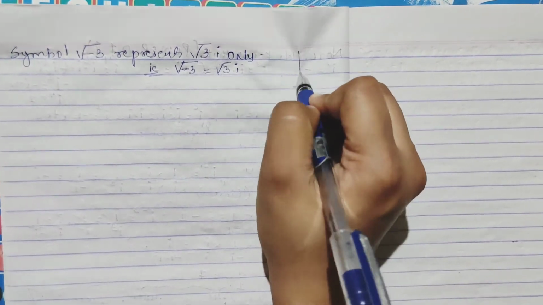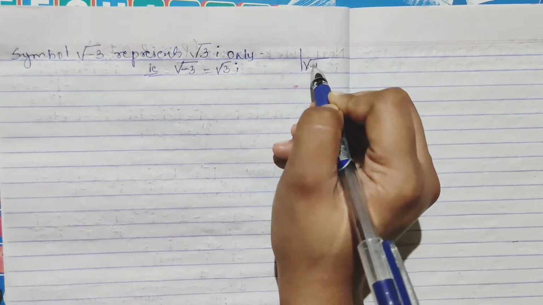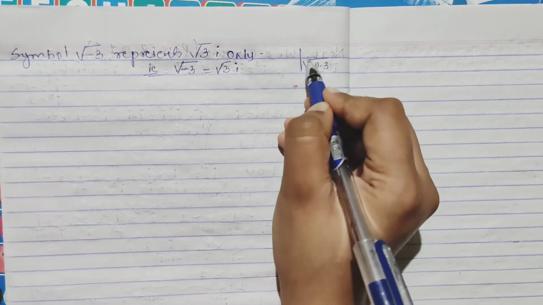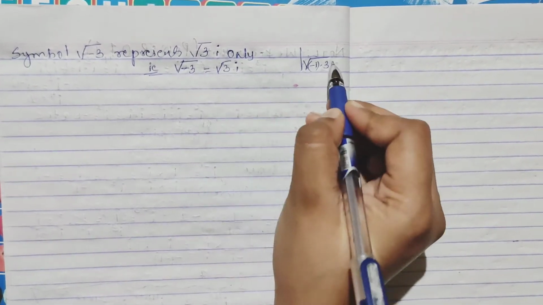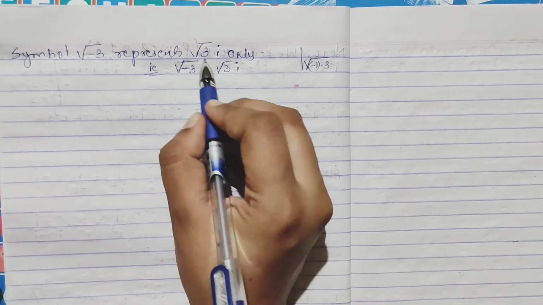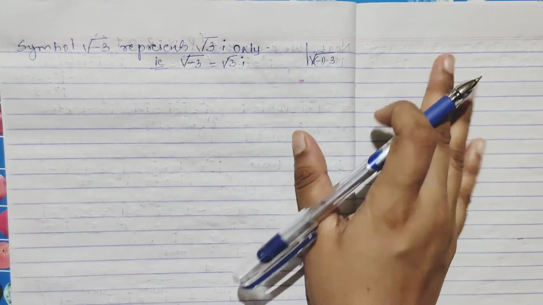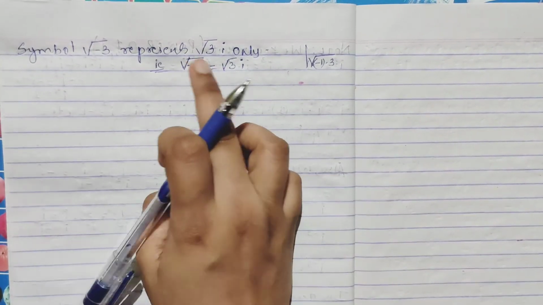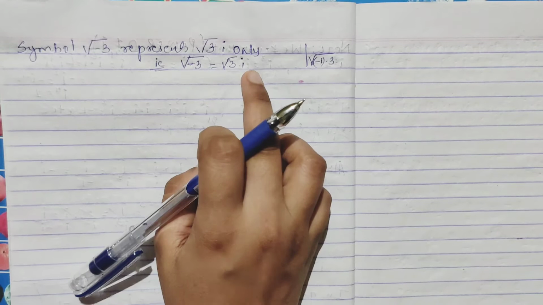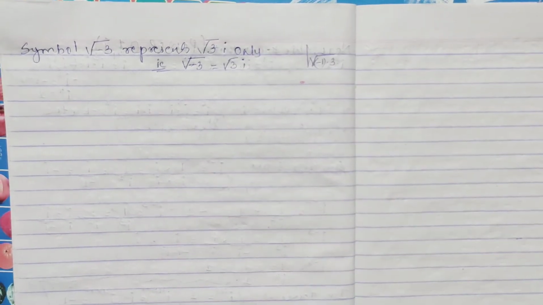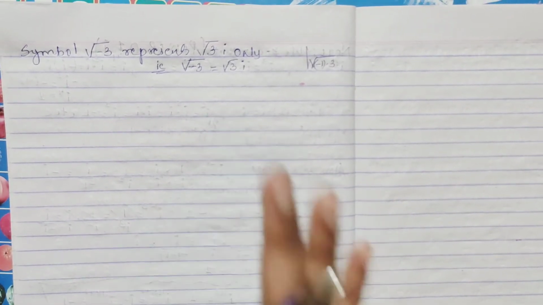How can we take it? It is root of minus 1 into 3. So root of minus 1 is taken as i and root 3 remains as it is. So for any negative real number, we write that number and the minus sign is written as i. This you should remember in complex numbers, especially when you get such cases.